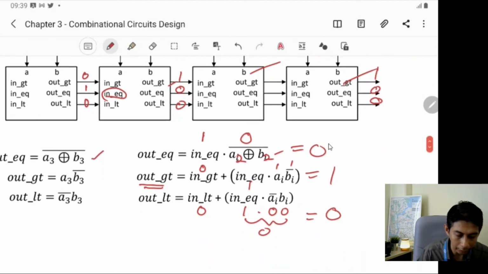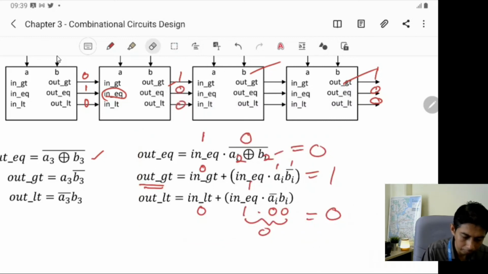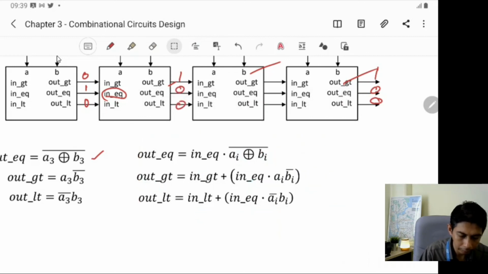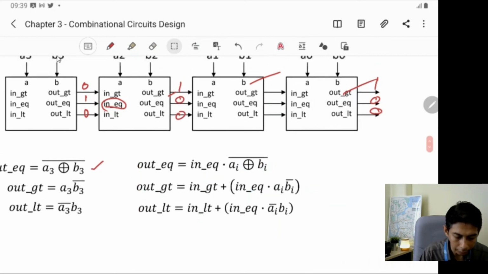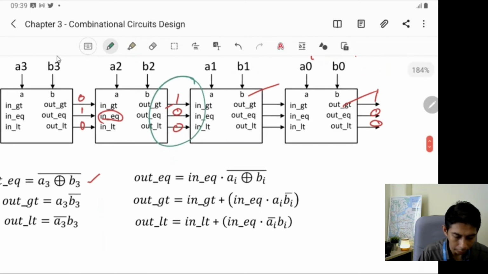Look at the equation here. Now we have this.